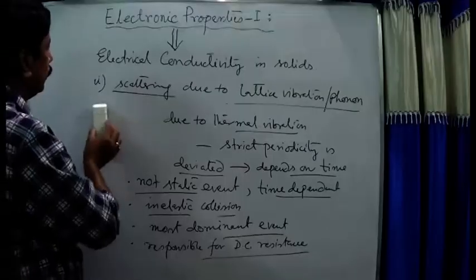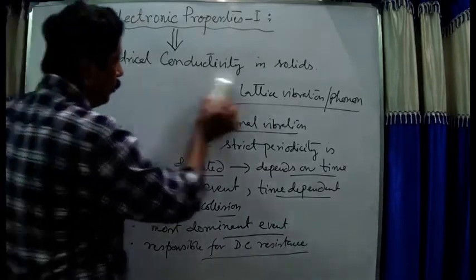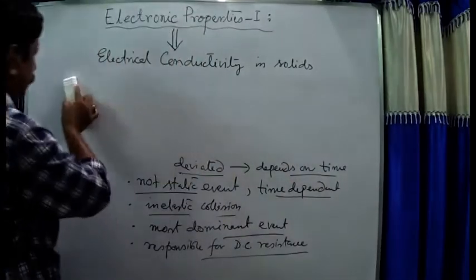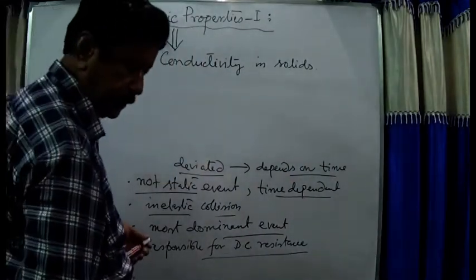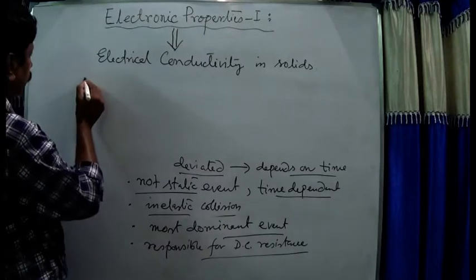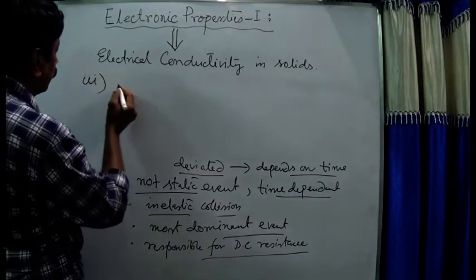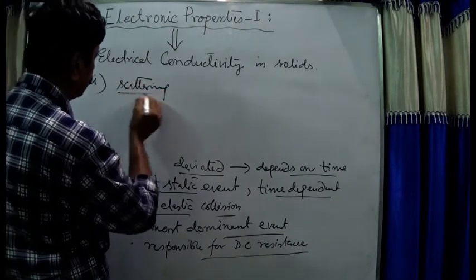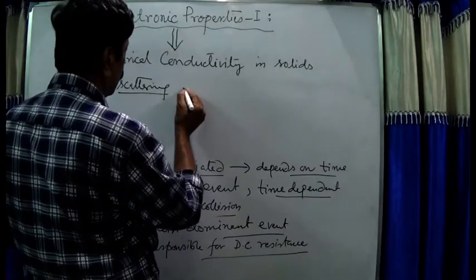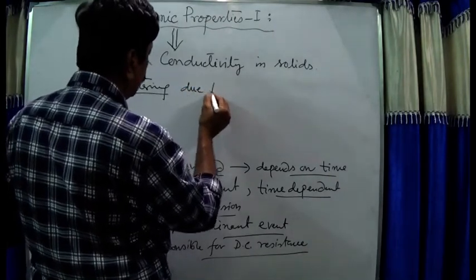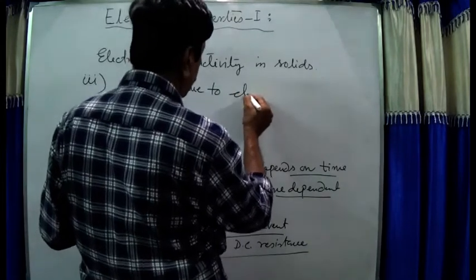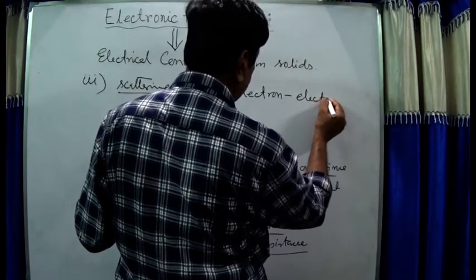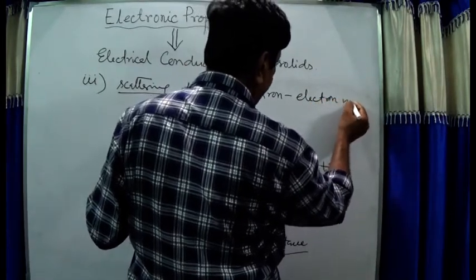Okay. Next, we will discuss the third point, that is the third source of scattering, due to electron interaction.